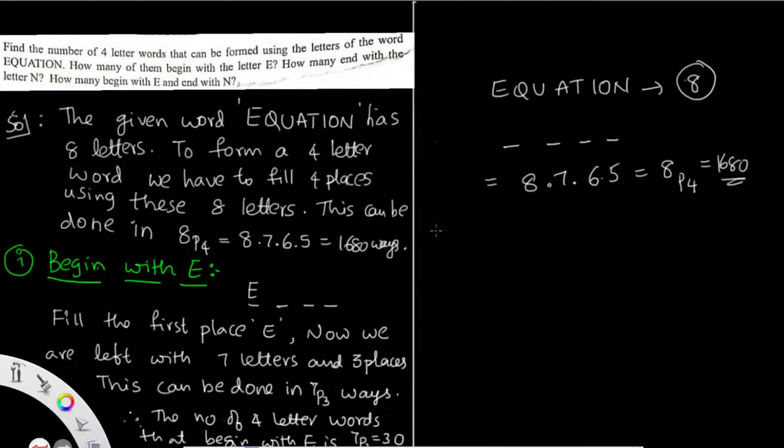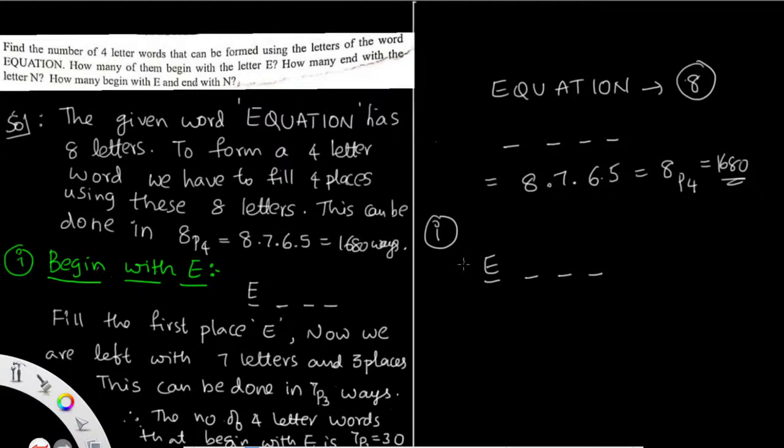Next, the first part is given: begin with E. To form a 4-letter word that starts with E, how many can we permute using the letters of the given word?